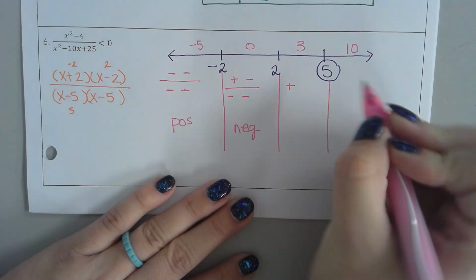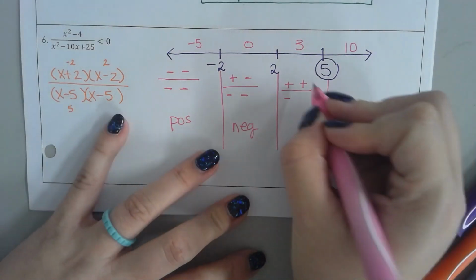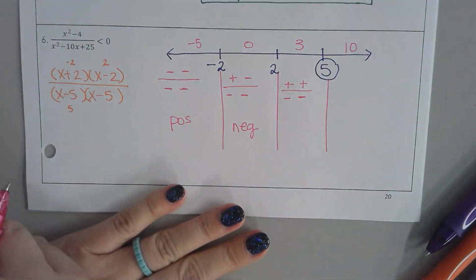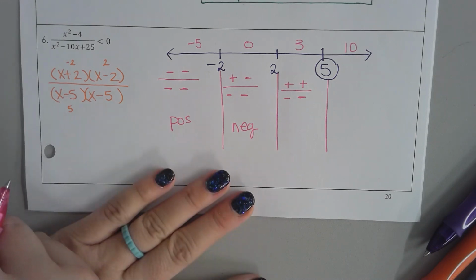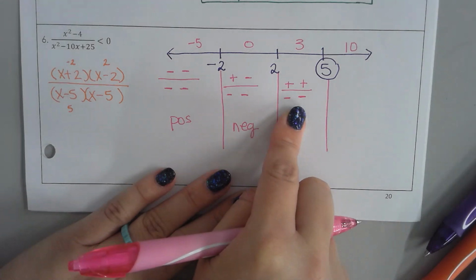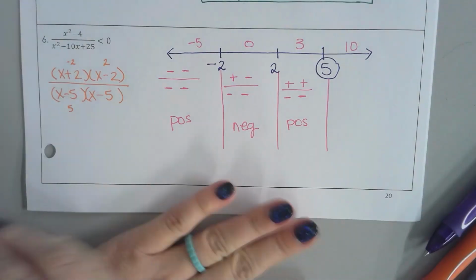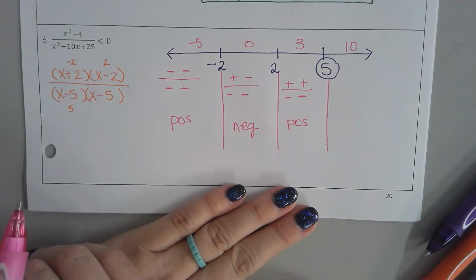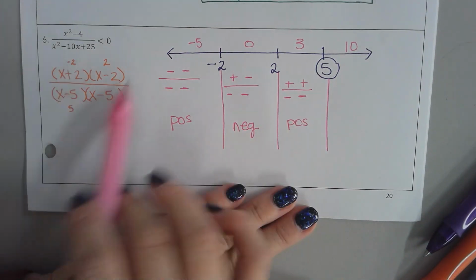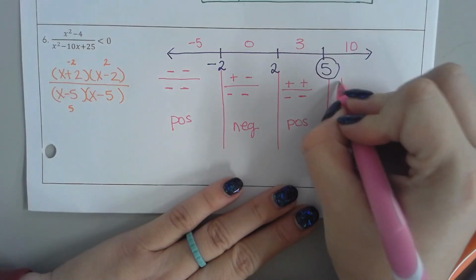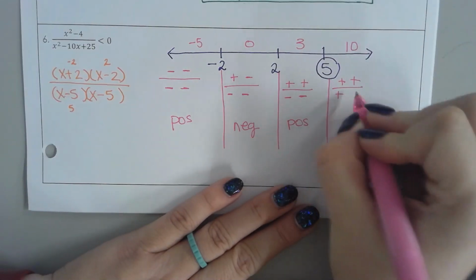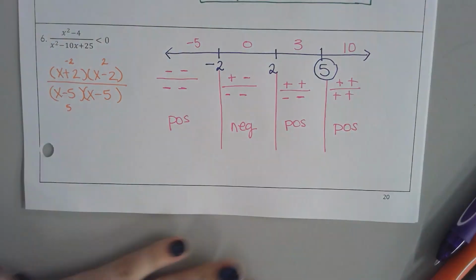That's positive. 3 minus 2, positive. 3 minus 5 is negative. 3 minus 5 is negative. Positive over positive. Positive. And if I plug in 10 to all of those, I've got positive, positive, positive, positive. That's all positive.